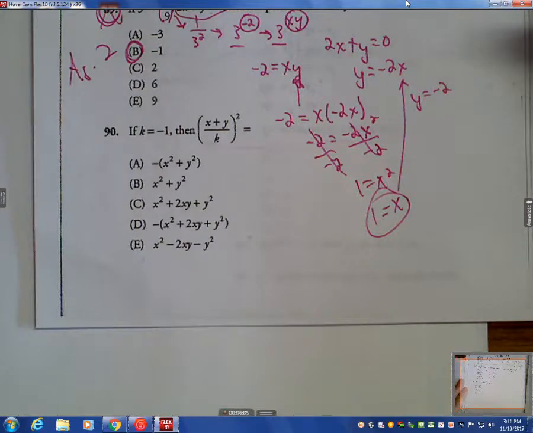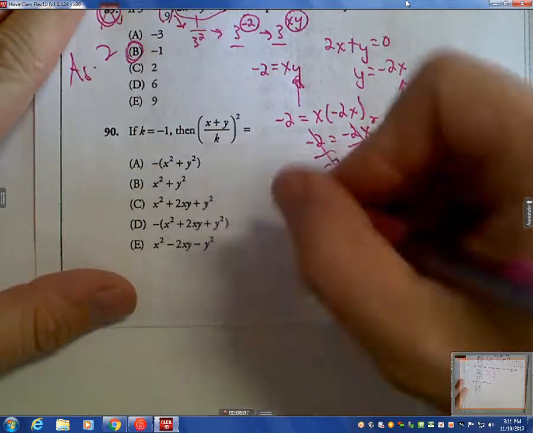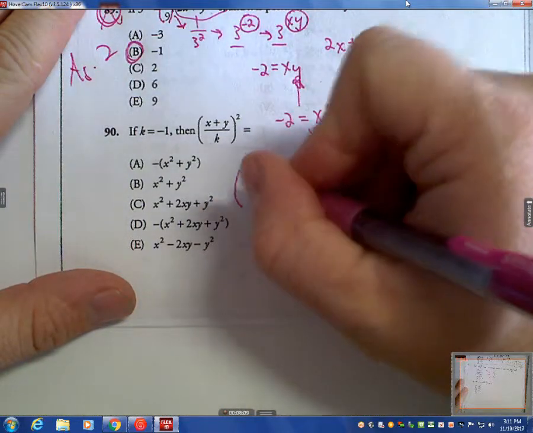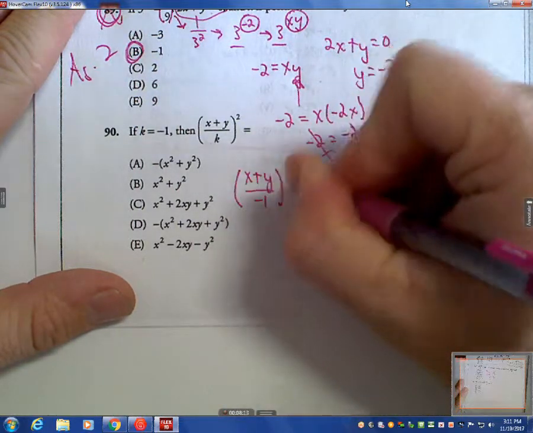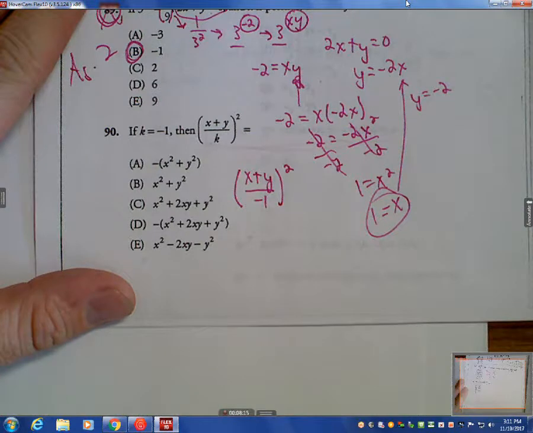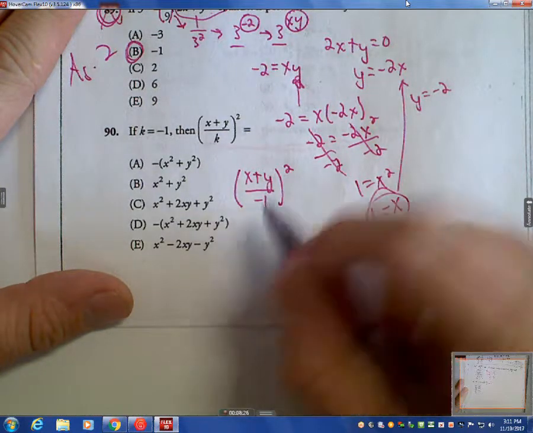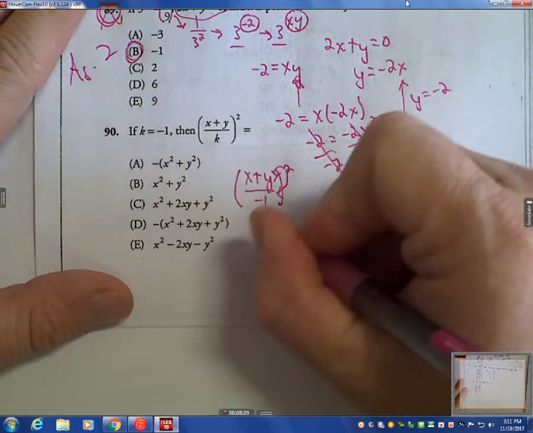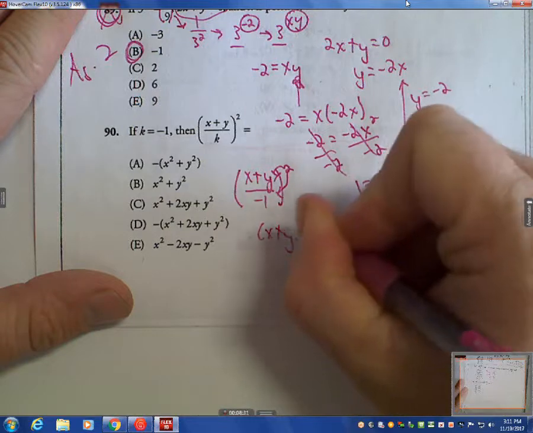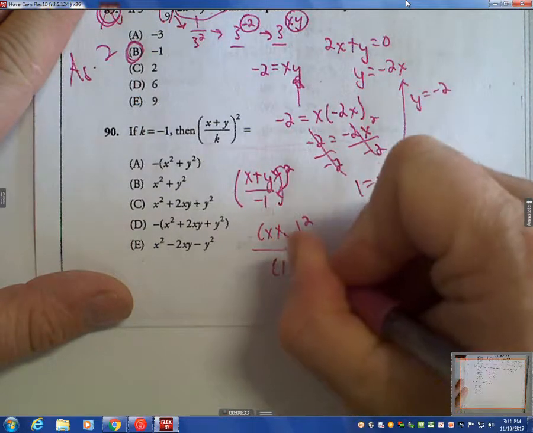If k equals negative 1, then x plus y over negative 1 squared. So what do we know? I know just in Algebra 1 that this would be x plus y squared over 1 squared.